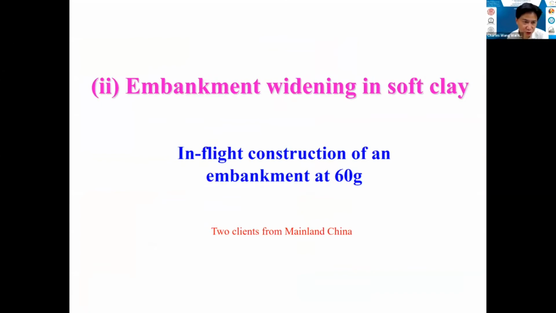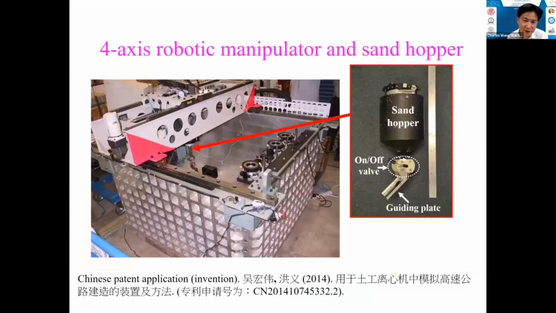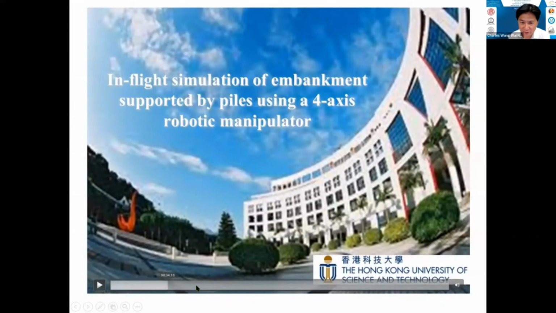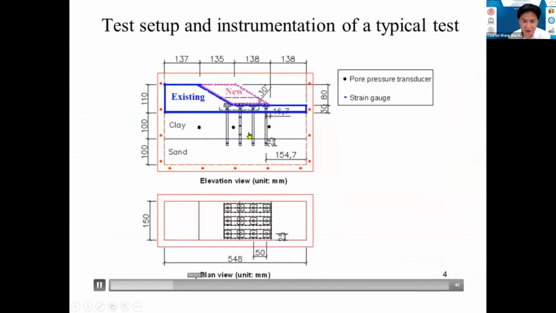And now another development, actually we use a robot to simulate the widening of an embankment. In order to save time, I will just speed up. We use a robot and we designed this. Let me explain a little bit.